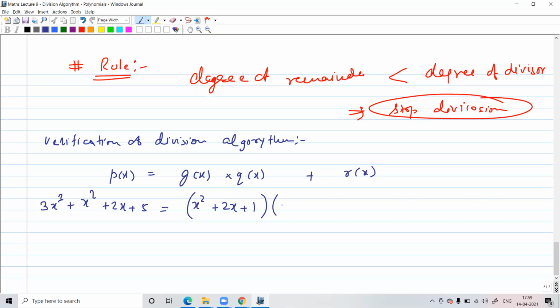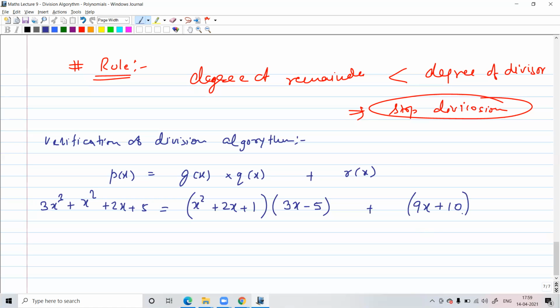And what was the Qx we got? 3x minus 5. Okay, and what was the remainder? 9x plus 10.